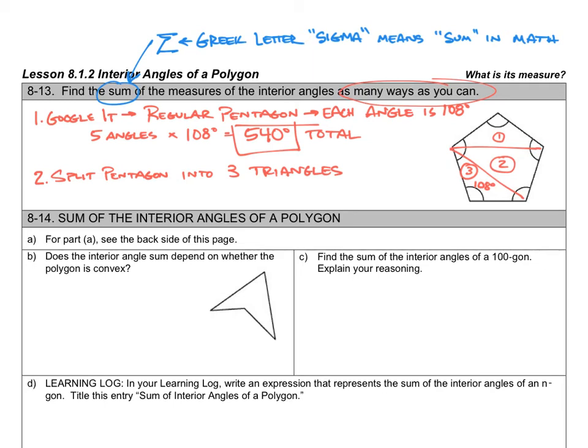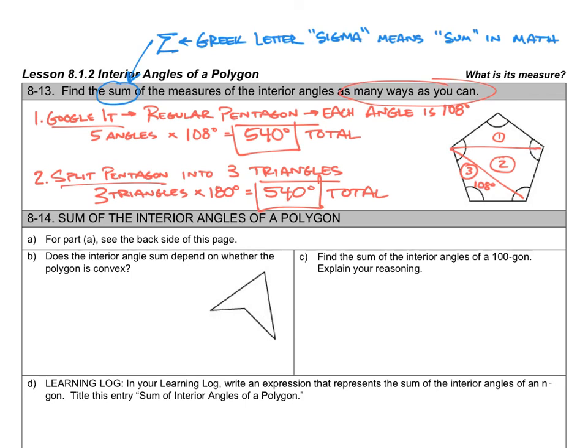So all I have to do to find the sum of all the angles in that pentagon is do 3 triangles times 180 degrees each angle, and that also gives me 540 degrees total. Okay, and that strategy, this is one that we are going to use here in just a minute.